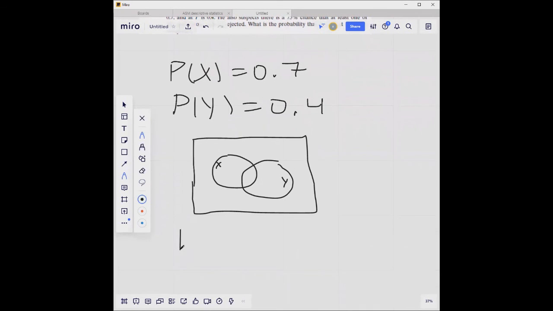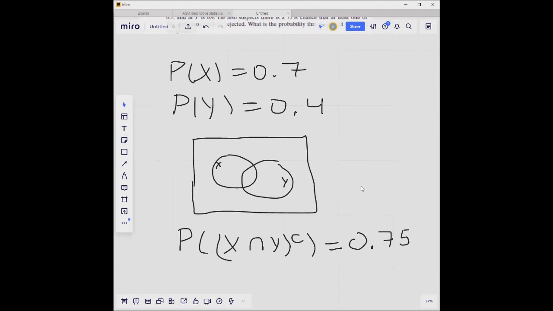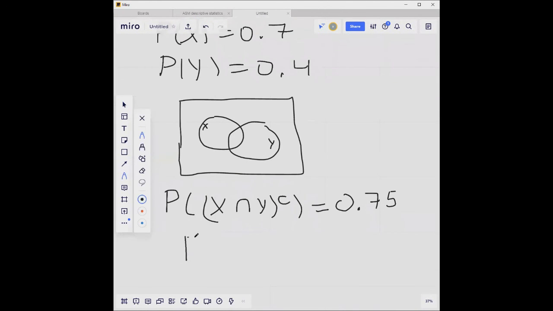So this is defined as probability of the complement of X intersection with Y, which is equal to 75%. Right? So instantly from here we can find that probability of intersection of X and Y is equal to 0.25.